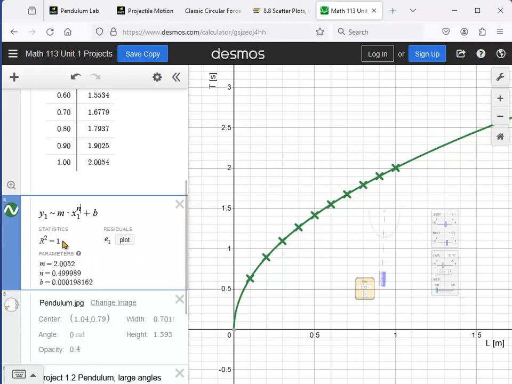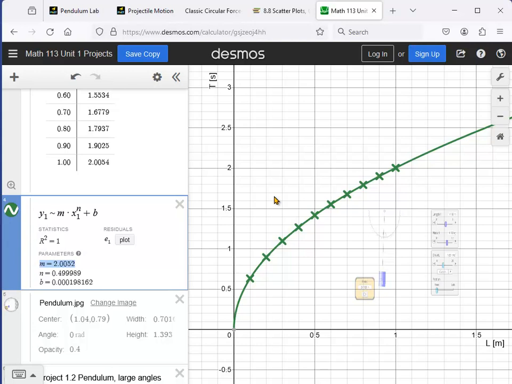And then this r squared value here, the regression or correlation coefficient, the closer it is to 1.0000, the better the data are, and we can see this is virtually perfect, which makes sense because this is a very accurate applet that someone wrote. Looking at these parameters down here, the m is around a 2, and I will tell you later it actually is a 2.005.